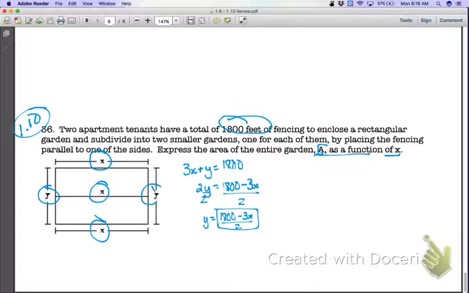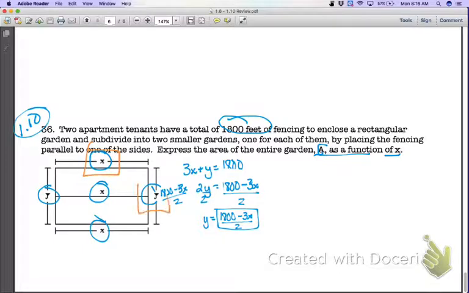So if we want to write this in terms of X, this is 1,800 minus 3X, over 2. How do we find the area of a garden? What do we have to do with the 2 sides?